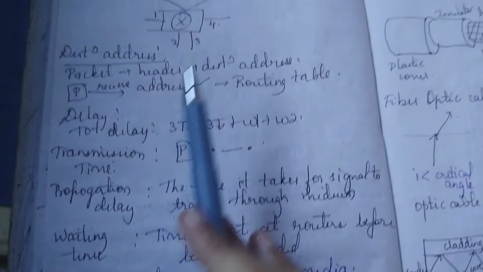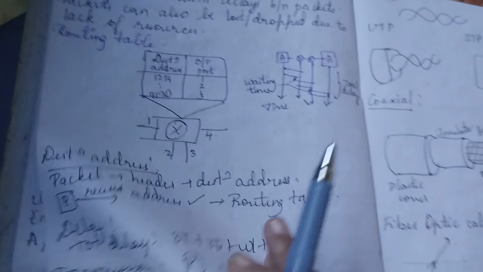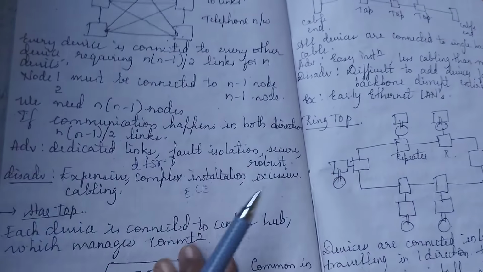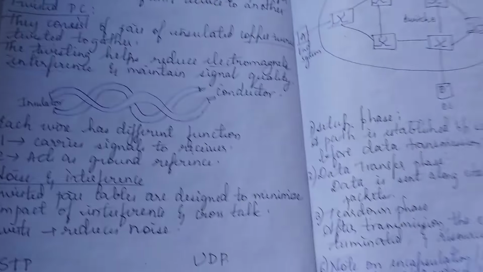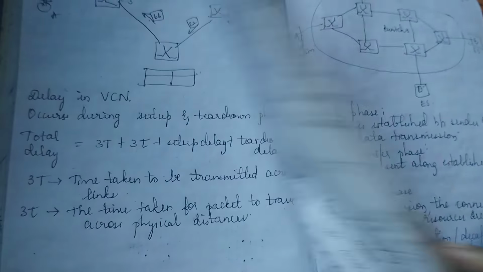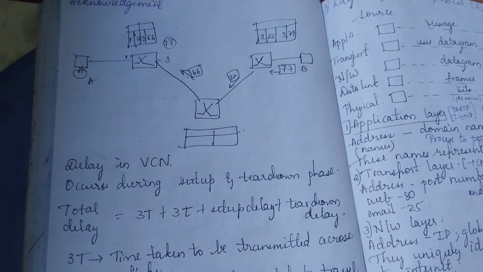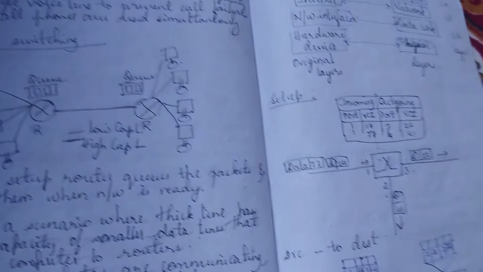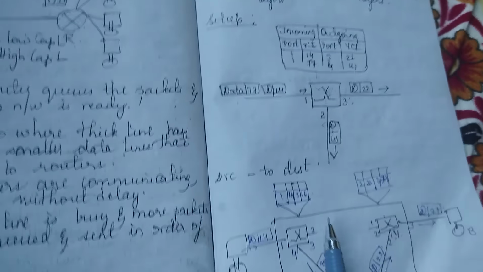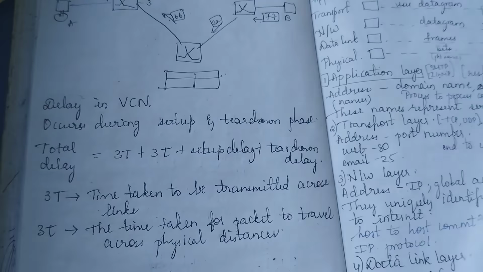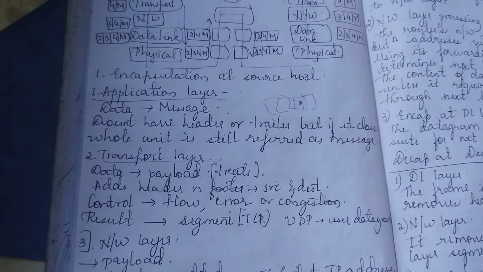Waiting time is already known. Like in this case I had told you, it will be in a queue, so it needs to wait, right? Same thing you have to write here.